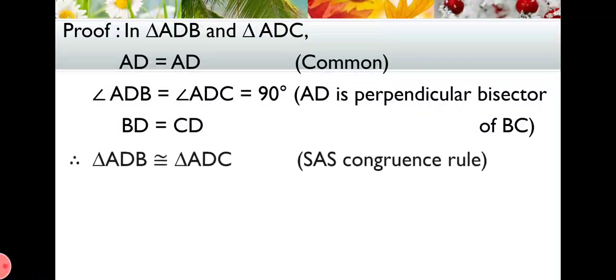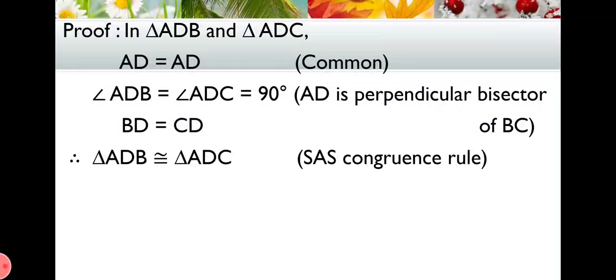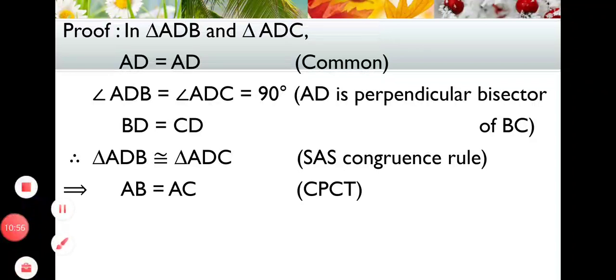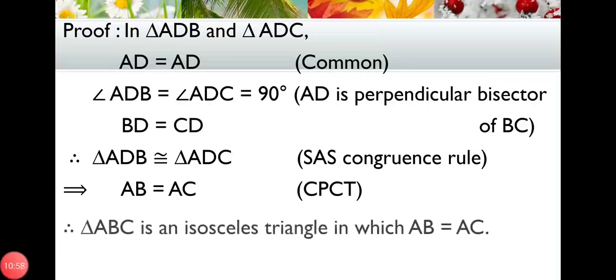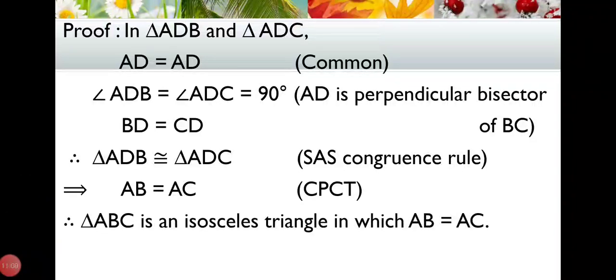Therefore, triangle ADB is congruent to triangle ADC by SAS congruence rule. Implies that AB equal to AC, CPCT. Therefore, triangle ABC is an isosceles triangle in which AB equal to AC. Hence, proved.